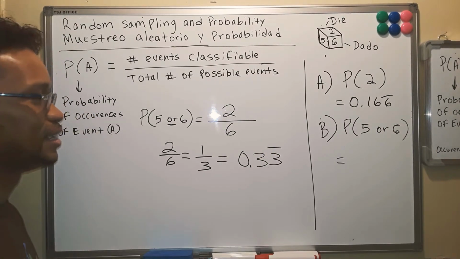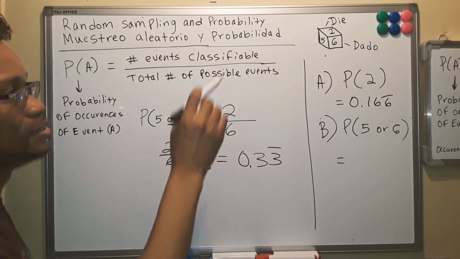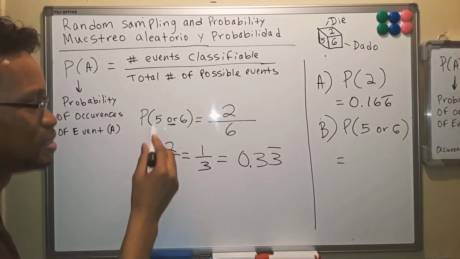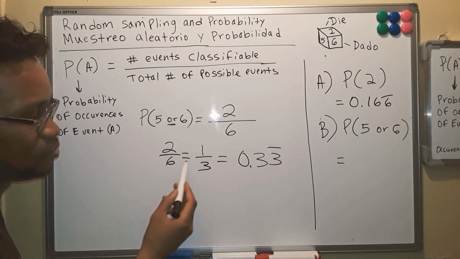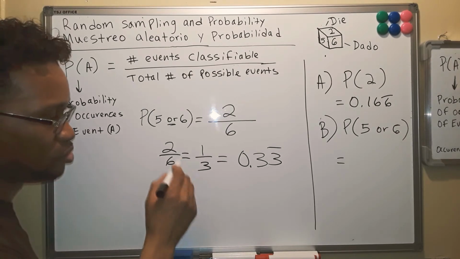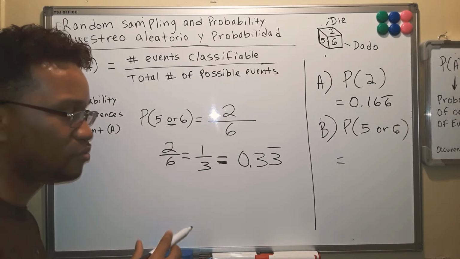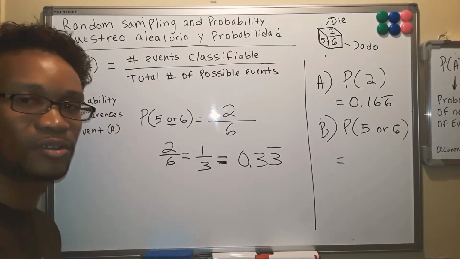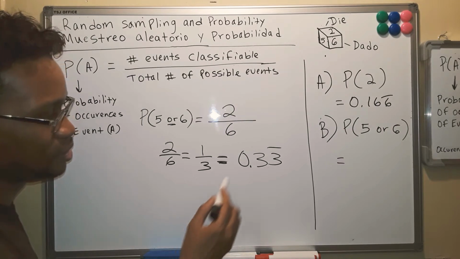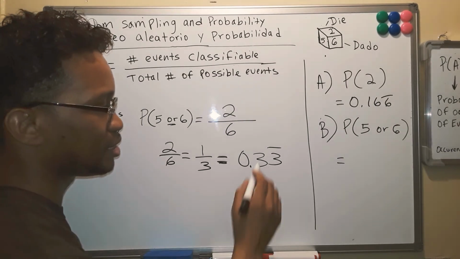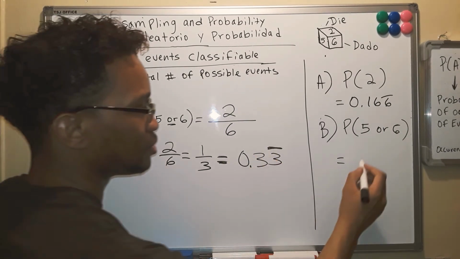La probabilidad de que llegue un 5 o 6 encima del dado es 2 sobre 6, que es igual a 1 sobre 3. Si quieres más información cómo dividirlo en fracción, chequea mi otro video. Y te da 0.33 interminable.